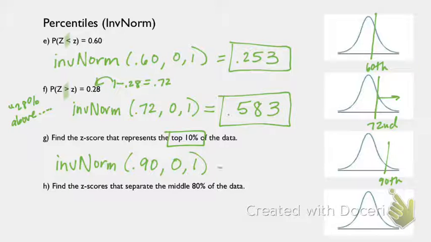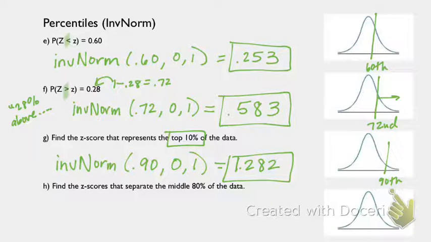So what do you get when you type that in? 1.282. For the tail for that part, is it left, center, or right? Keep it at left. That should be the default. Okay.